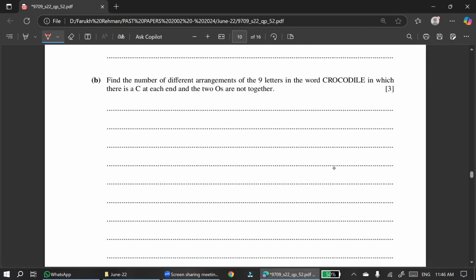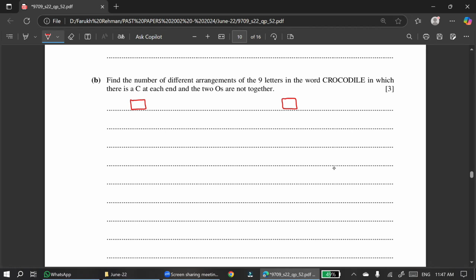So we will arrange 2 C's at the ends and we will lock these 2 C's because we will not use these 2 C's in the arrangement with the other 7 letters. Now, for these 2 C's, 2 factorial divided by 2 factorial, which is equal to 1.